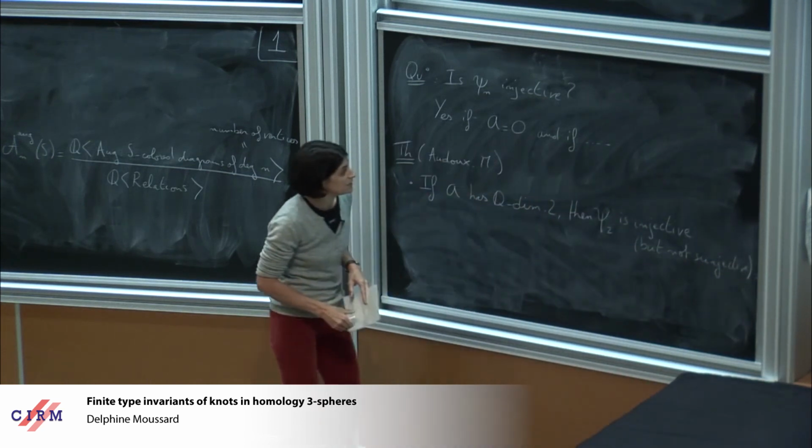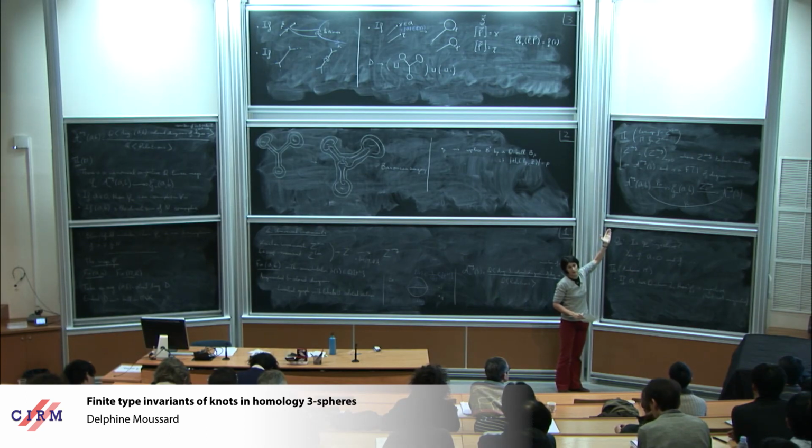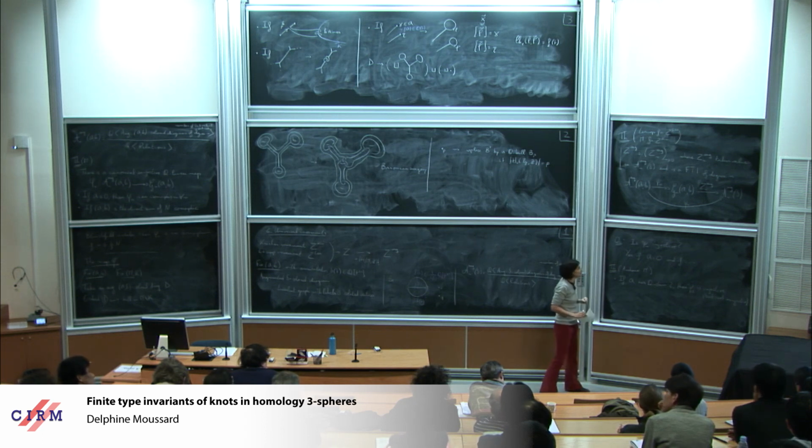So in this case, psi 2 is injective, so phi 2 is an isomorphism. But we see that since it's not surjective, psi 2 does not induce in this case an isomorphism with the other diagram space.